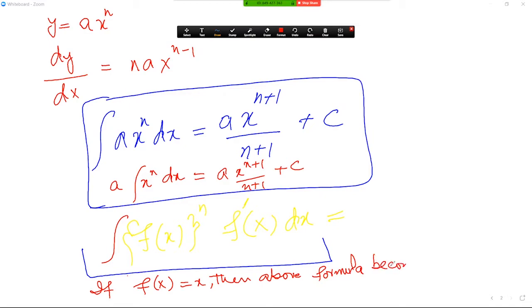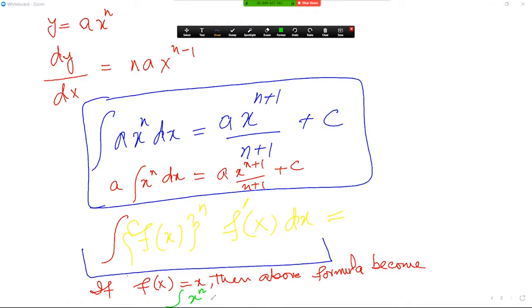Can you take an attempt at it? Instead of f(x) we have x, and then its power is n. Do you understand that?